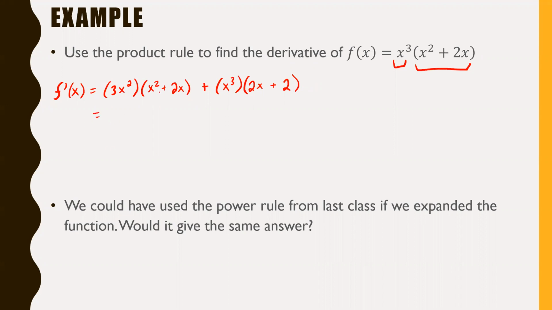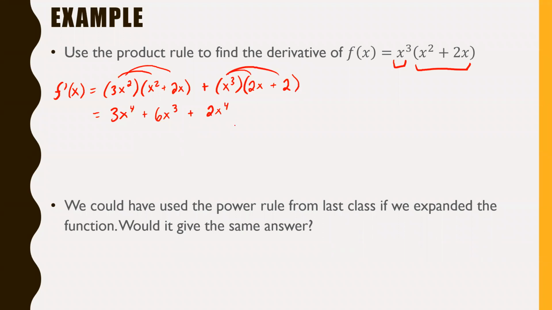So if we expand this out and simplify it, this piece is going to have to double dip through here. 3x squared times x squared would be 3x^4. 3x squared times 2x would be 6x^3. Plus x^3 times 2x would be 2x^4. And then, I guess I should have drawn the arrow there.